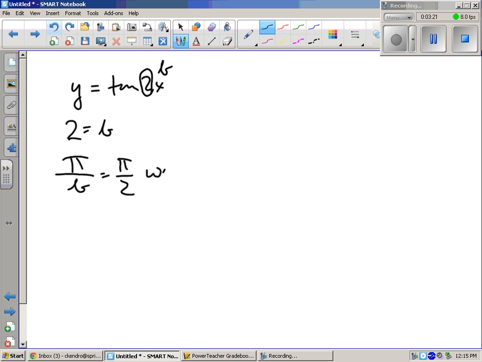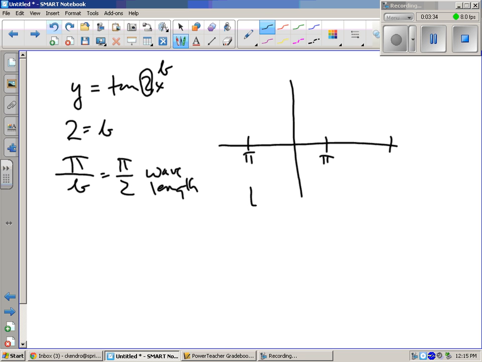This is now my new wavelength. Before it was pi, now it's pi over 2. So I'm going to draw the same looking graph, but instead of calling these pi over 2, I have to make the total distance pi over 2. So that means half this way, half that way. So these need to be pi over 4's to get the total of pi over 2.